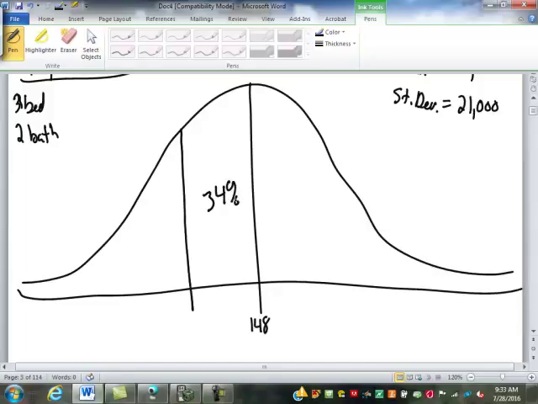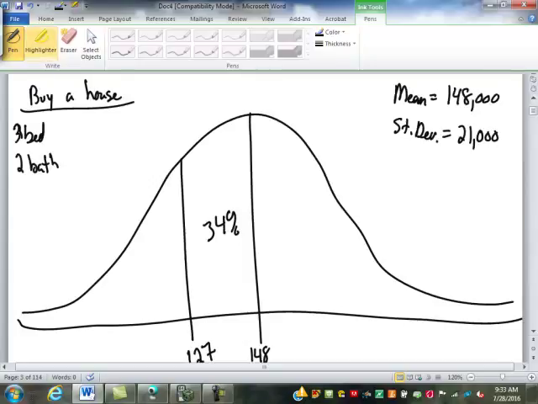The percents never change. What's going to go here? 127. Where'd the 127 come from? Well, I have a mean of 148 minus the standard deviation of 21,000. I'm subtracting the standard deviation each step.